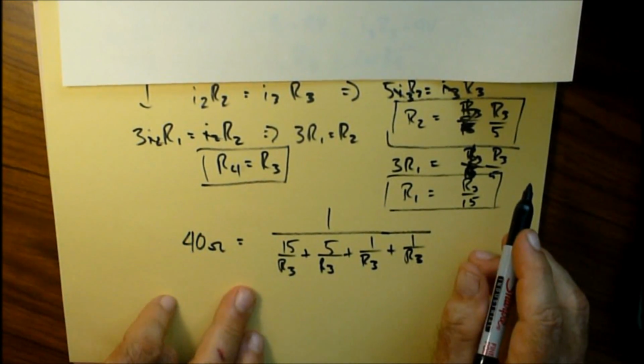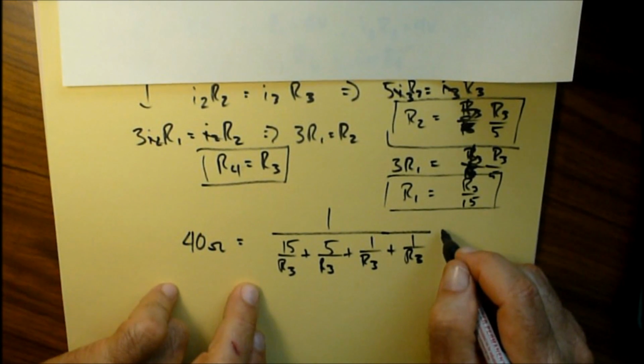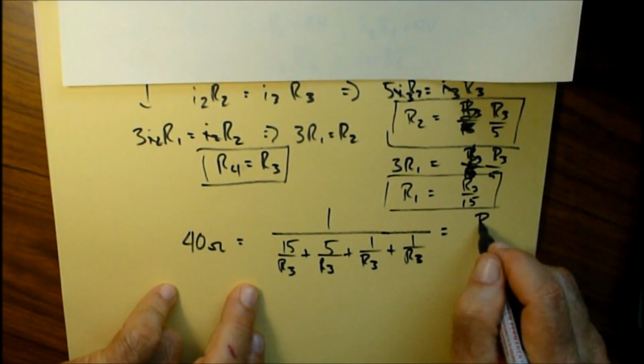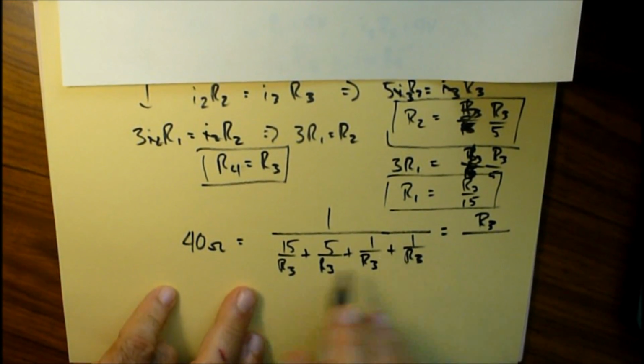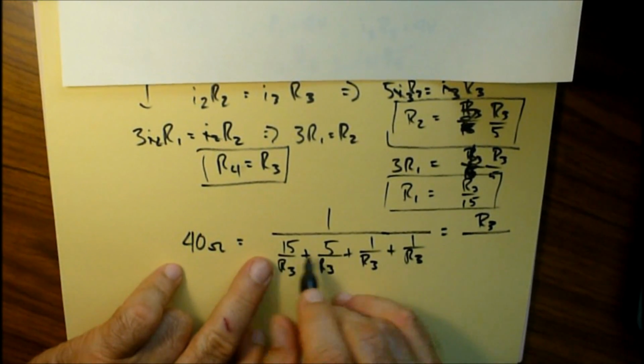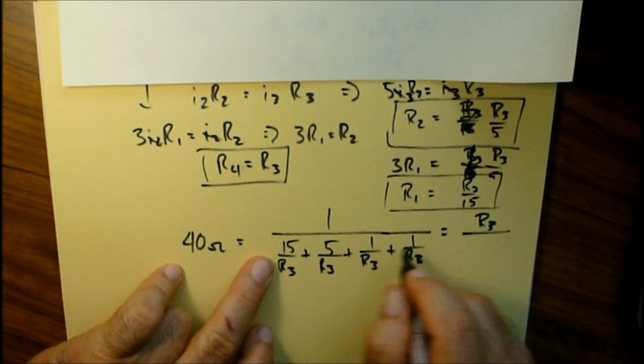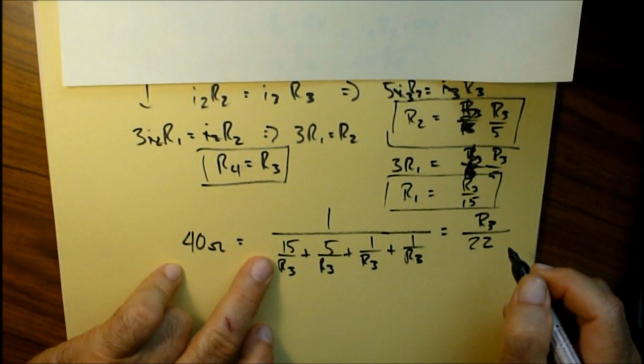Okay, so there's our whole formula, and that can basically change into R3. We're going to flip all these, add them all up together. 5, 15, 20, 21, 22.